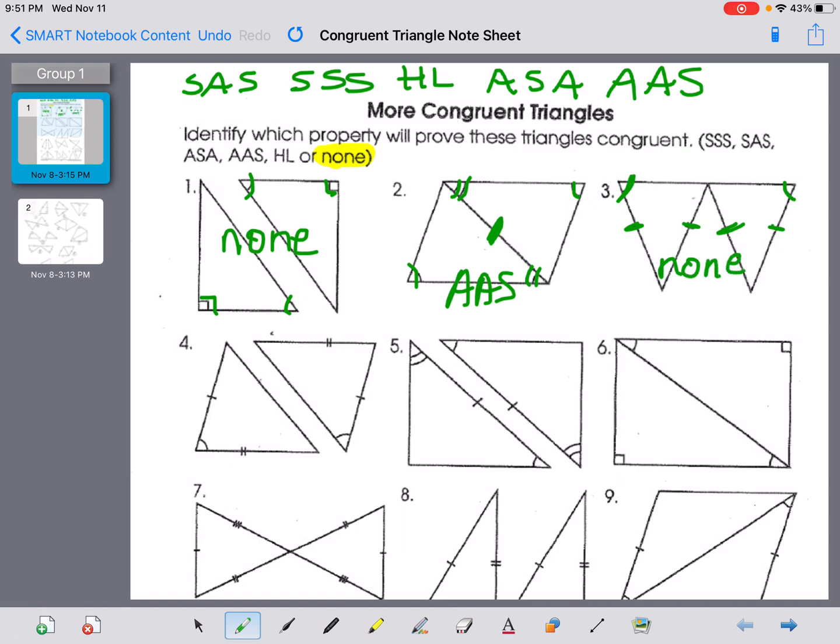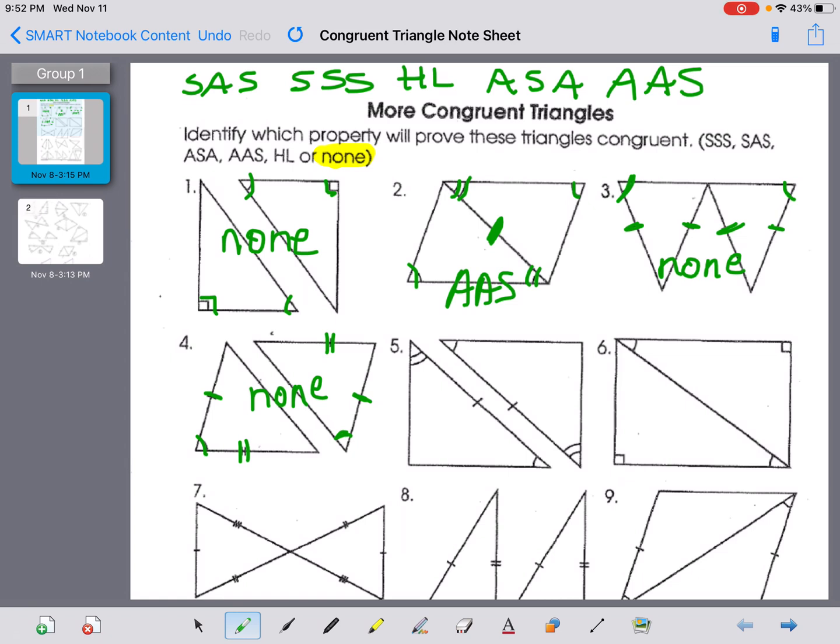It is not going to work for us. All right, for number 4, lots of things marked. On the left side, I see a side, then an angle, and a side. On the right side, be careful, I see a side, an angle, but that side's not right nearby anymore. That side jumped over here. These are not even marked similarly, so this is another none, all right?